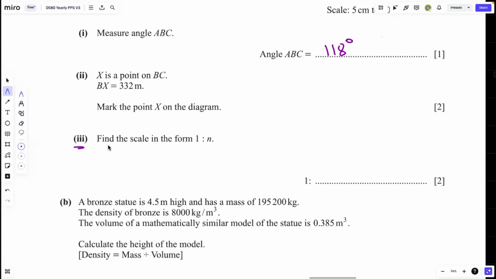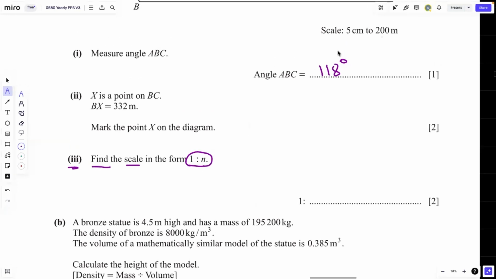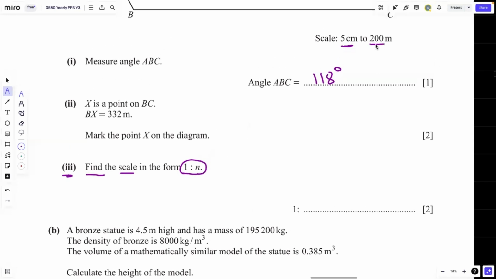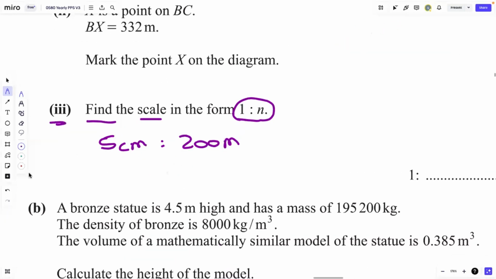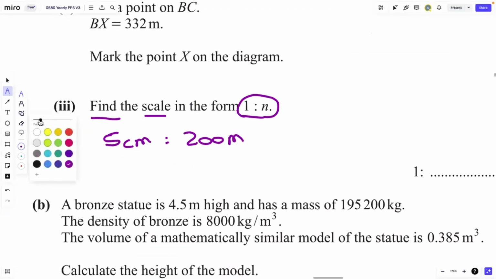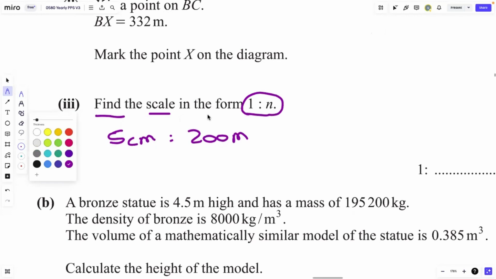Okay, so the third part says find the scale in the form of 1:n. Now, if we look at the initial scale that we have, it is 5 centimeters ratio 200 meters. That's the scale that we have currently. Now, we have to make sure that the number on the left is 1.